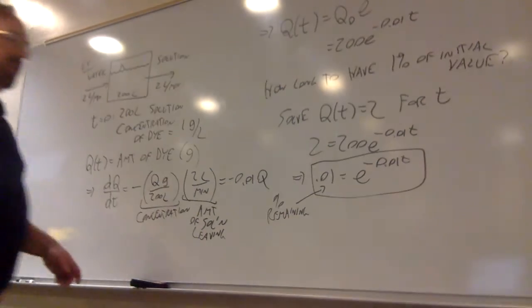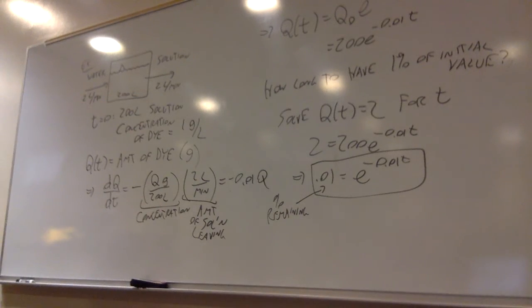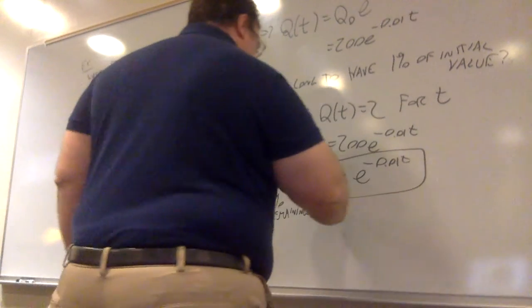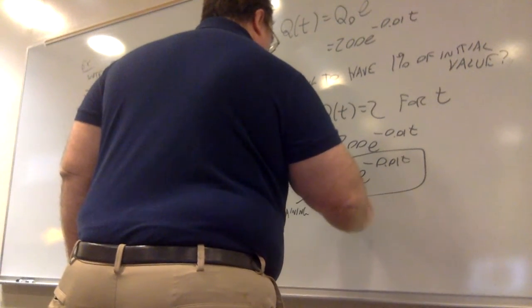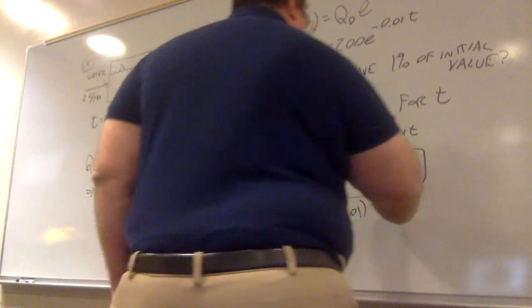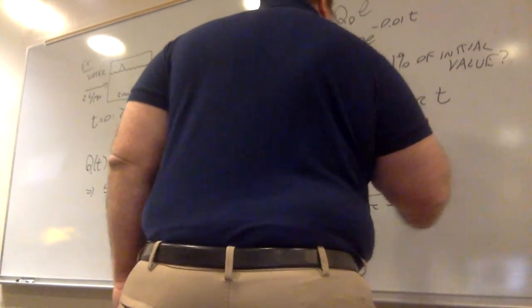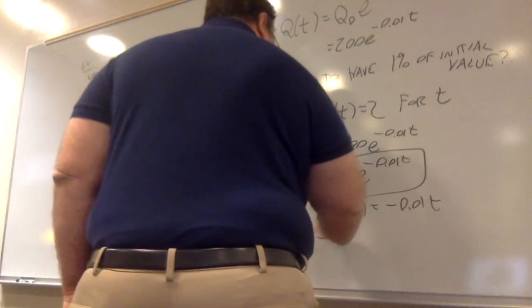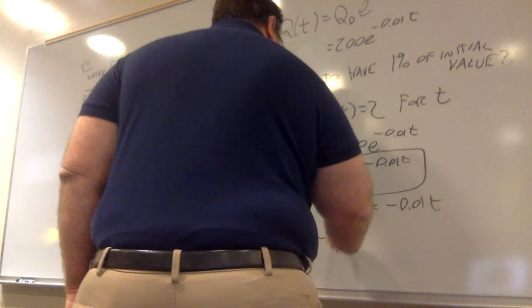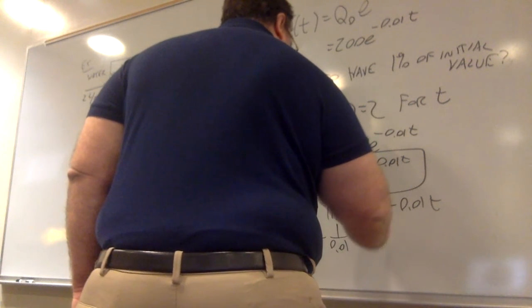So now you can go ahead and solve this by taking a natural log of both sides. So natural log of 0.01 is equal to minus 0.01 t. So we're going to have negatives and negatives making a positive.